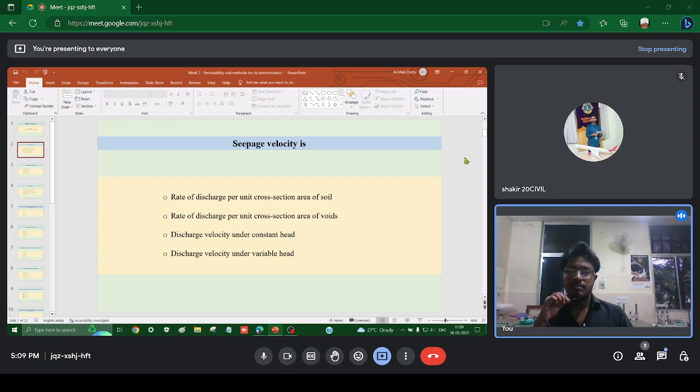I'll repeat the question. Seepage velocity is rate of discharge per unit cross section area of soil, rate of discharge per unit cross section area of voids, discharge velocity under constant head, and discharge velocity under variable head. Okay. Next question.